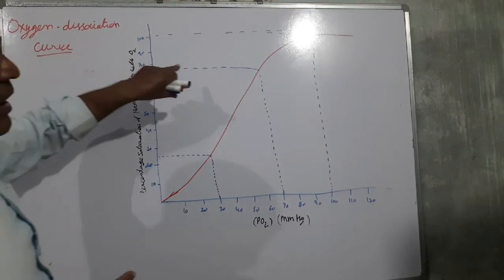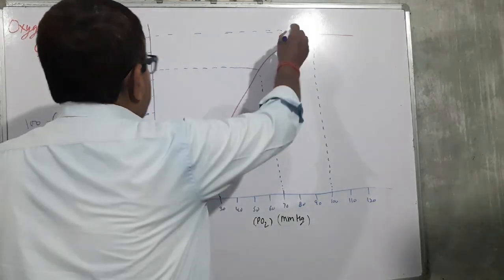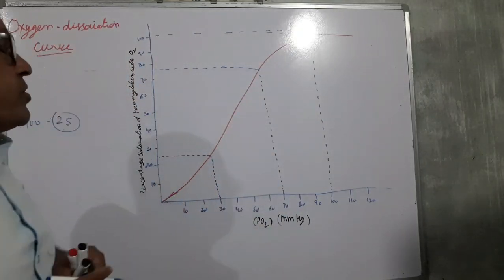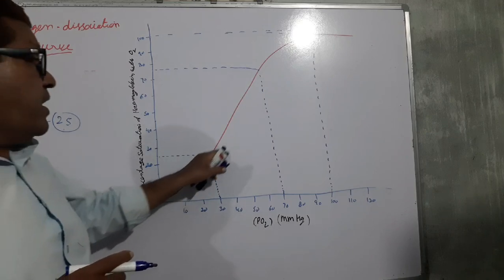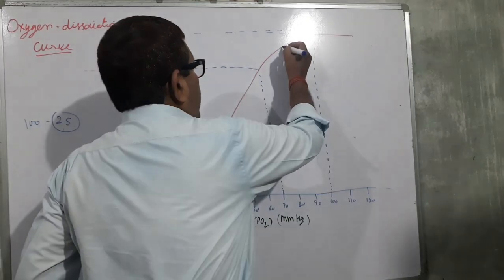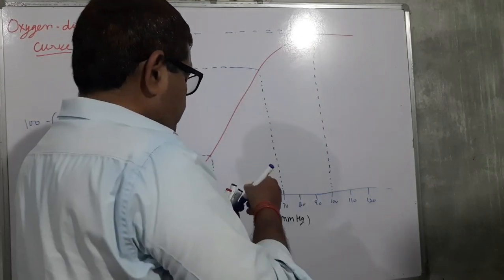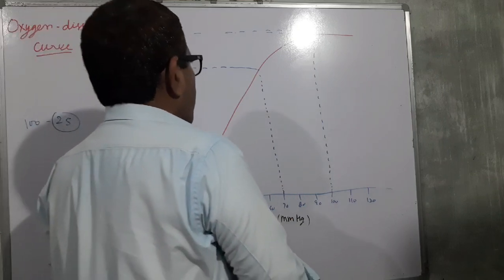You know that in a normal person the oxygen dissociation graph is sigmoid. Gradually it increases, and after increasing it gets saturated. So what factors affect the oxygen dissociation curve?